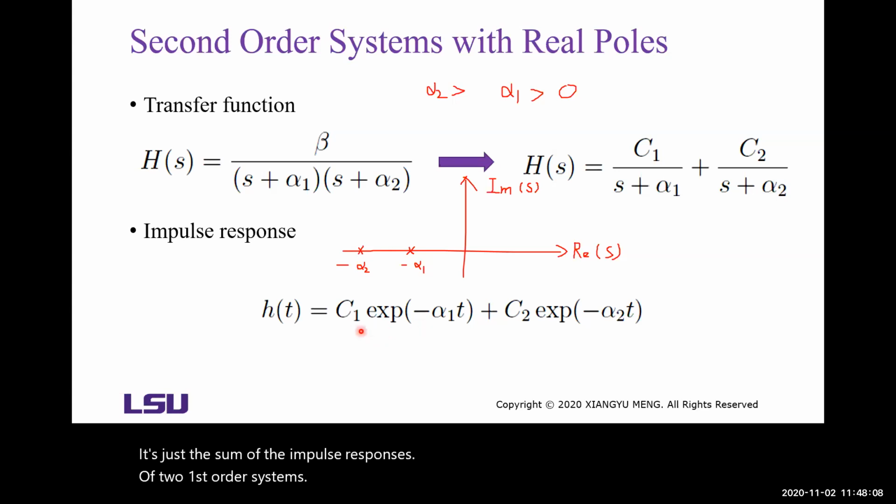So the first term can be considered as the impulse response of a first order system. Then the second component is the impulse response of this other first order system.